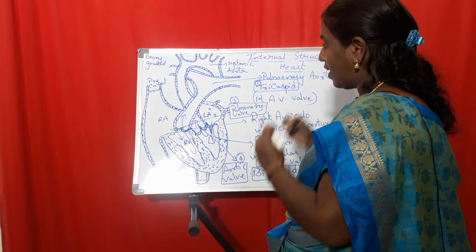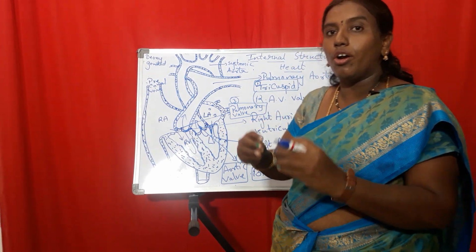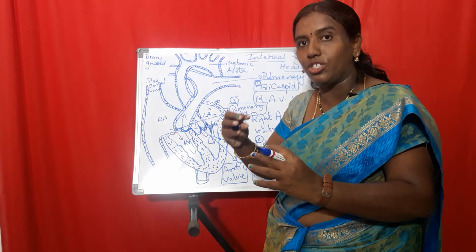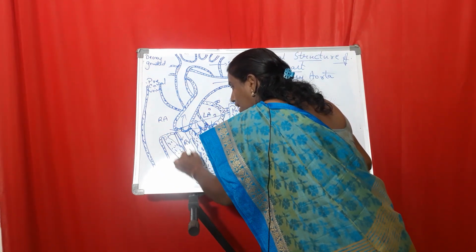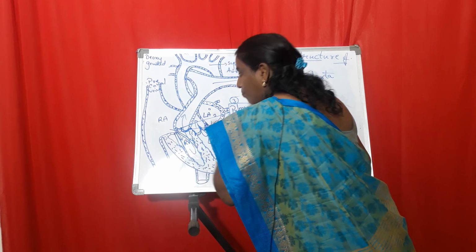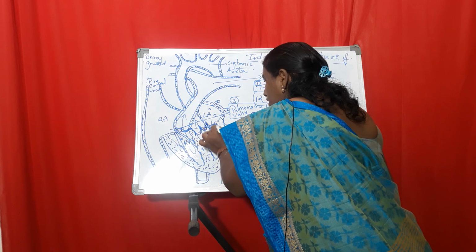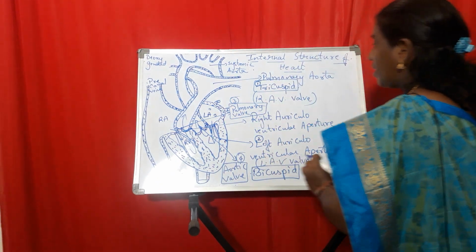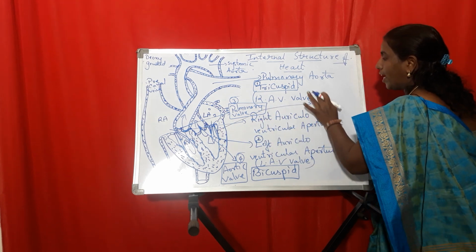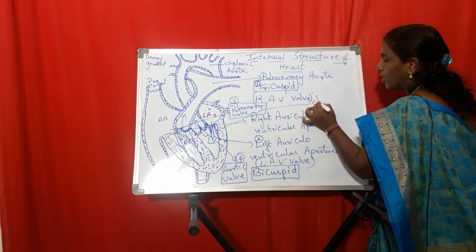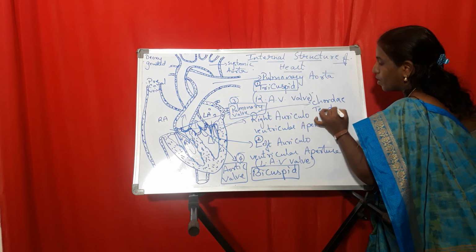Now here we get a doubt. For the tricuspid valve and bicuspid valve, in order to hold the valve's structure firmly, there are thin thread-like structures. These thin thread-like structures are called Chordae Tendineae.